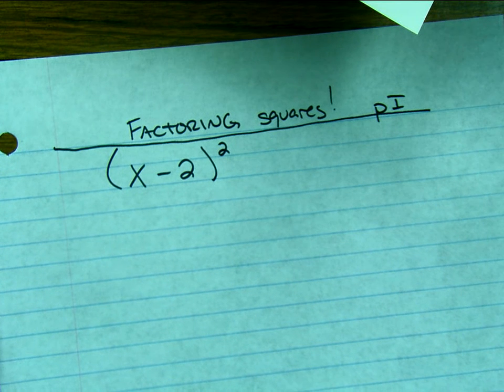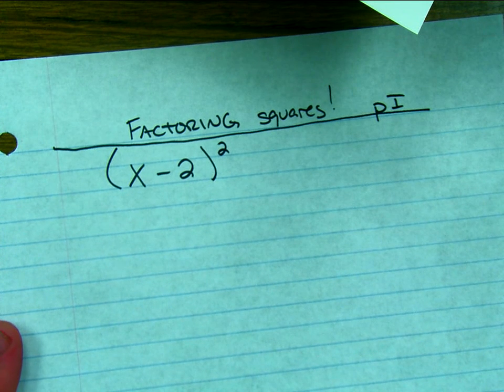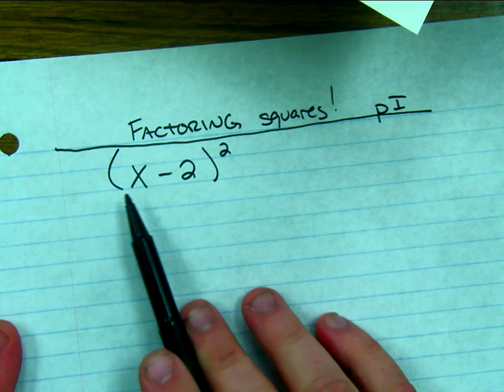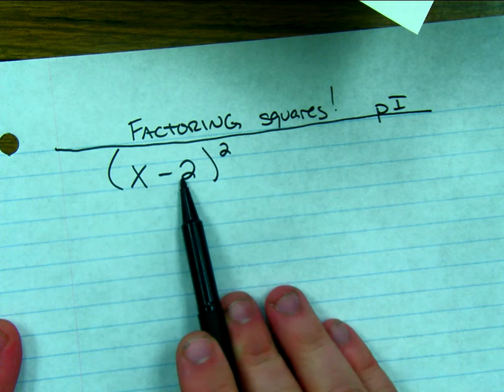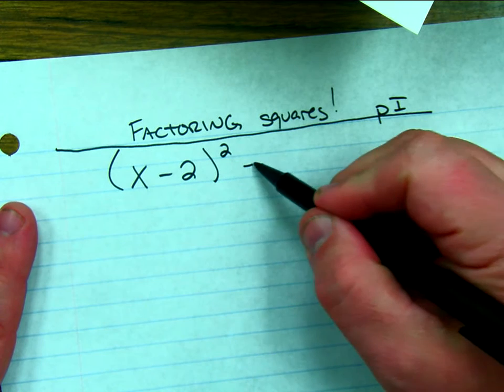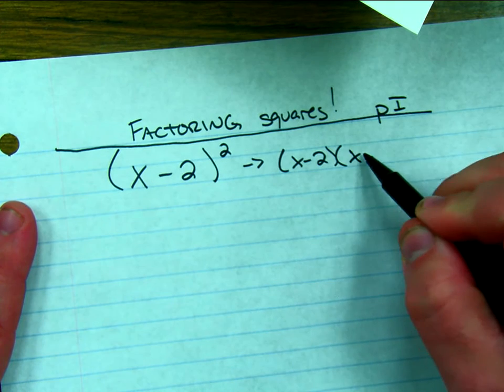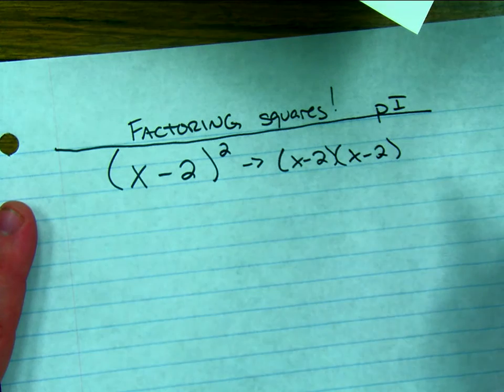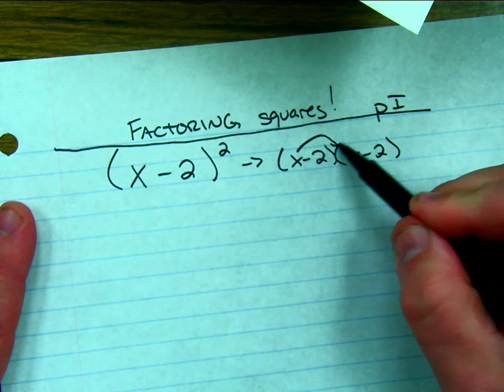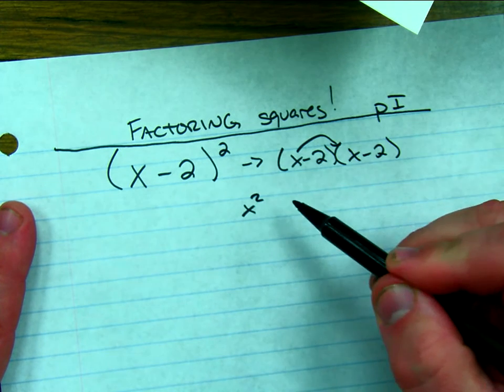right answer. So before we see how to factor squares, let's see what happens when we simplify a square. The quantity x minus 2 squared means that I'm literally going to take x minus 2 and multiply it by itself. Right? If I do that, my first times my first, I get an x squared.